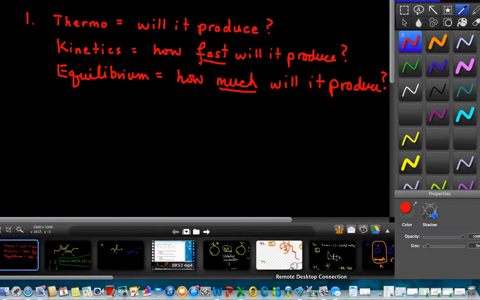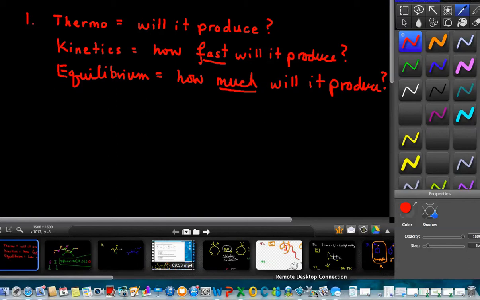Remember, from the philosophy of chemical reactions, thermodynamics answers the question, will I be able to produce a reasonable amount of product? Kinetics answers the question, how fast will I be able to produce a reasonable amount of product? And equilibrium asks, how much product will I produce?